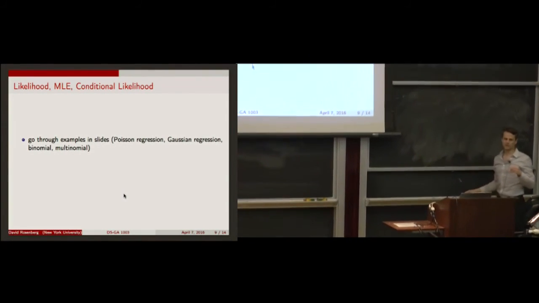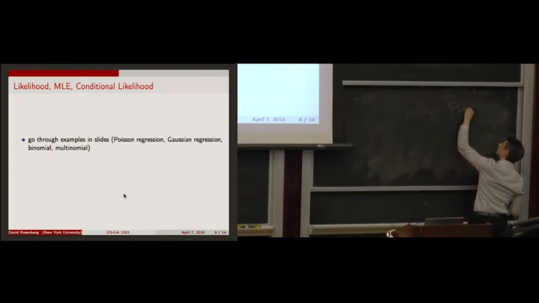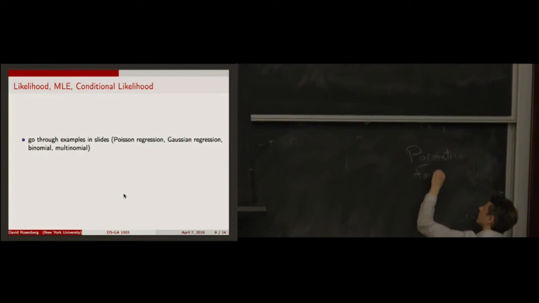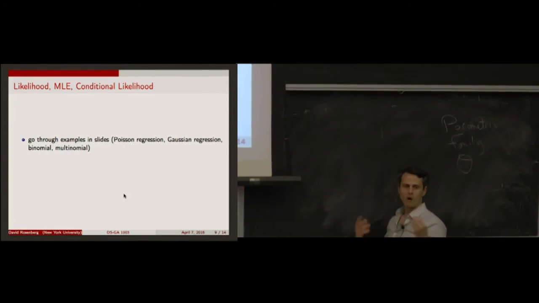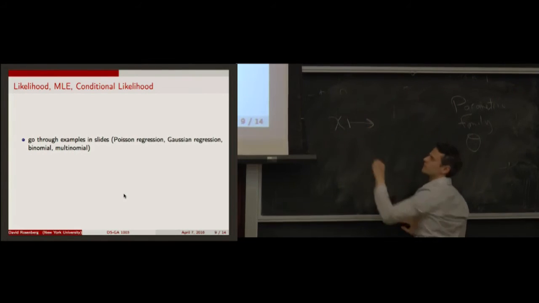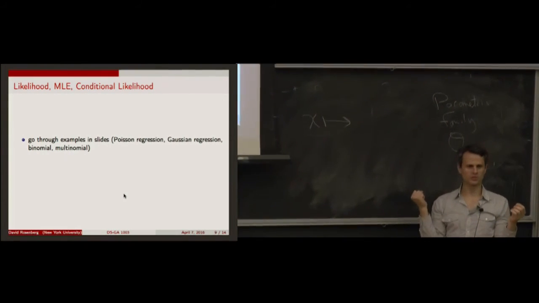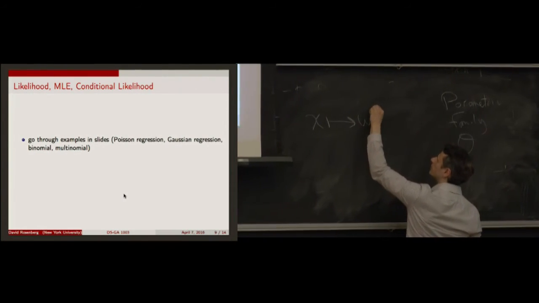I always think about it like this. We have some parametric family with, say, parameter theta. Our model takes an x for input. First, we map it down to a single number with our linear method.